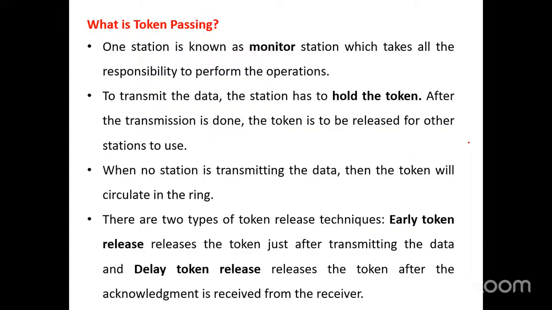If station X wants to transmit the data, station X must have the token. After that, only then can the transmission be done by that particular node. Whenever the transmission is completed, the token will be released by that node. When a station is transmitting the data, the token circulates in the ring itself.